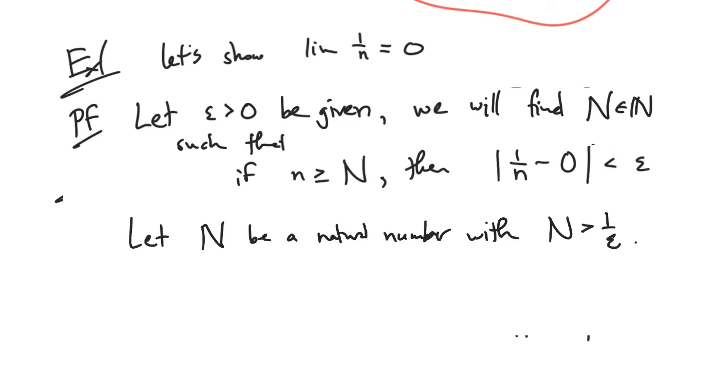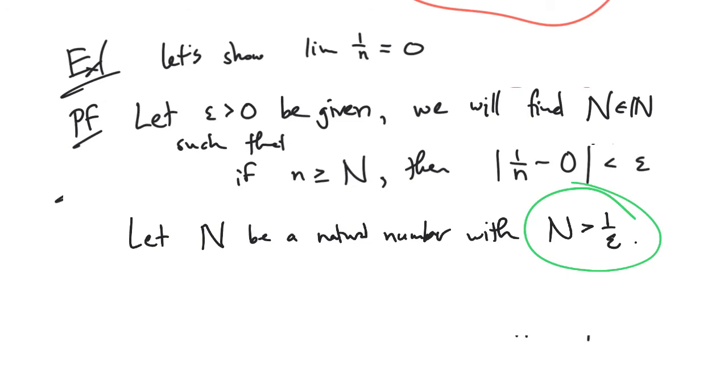There's a bit of mystery right here, which I will try to explain after we finish the rest of the proof. But this step that I circled in green, you have to kind of pick out of nowhere, which is what makes these proofs a little difficult. You have to sort of pull this rabbit out of the hat here. But I'm telling you what the big N is. It is some natural number with n greater than 1 over epsilon.